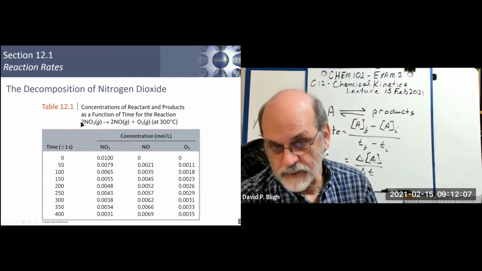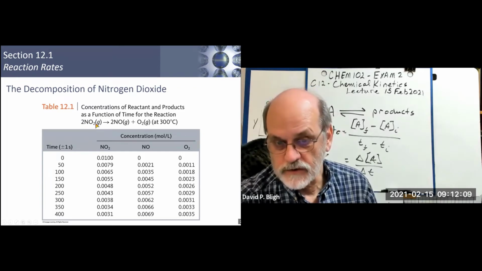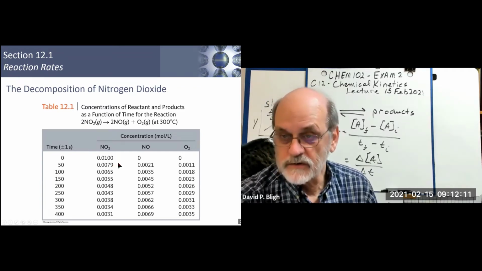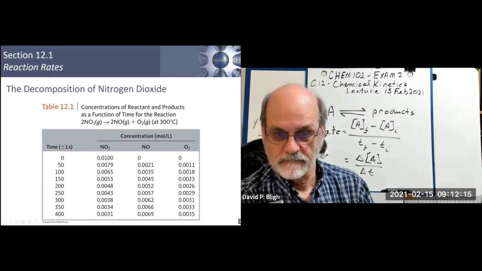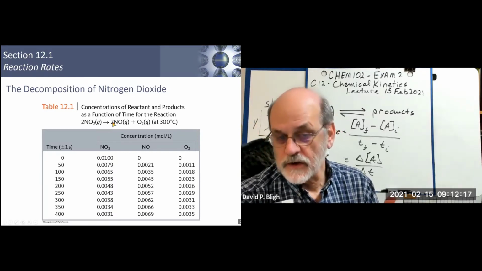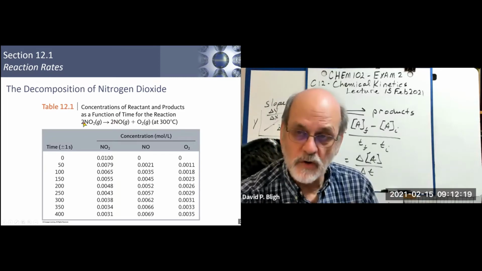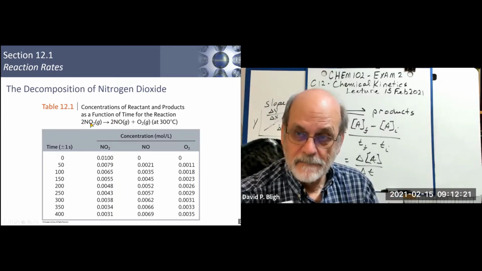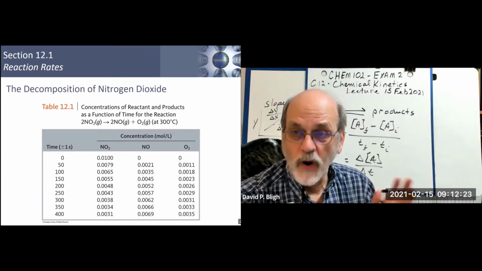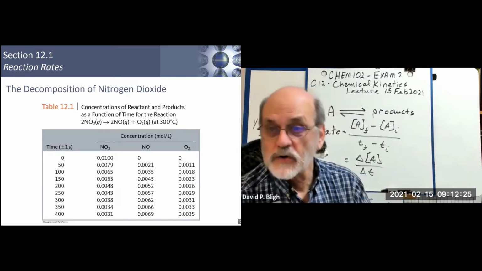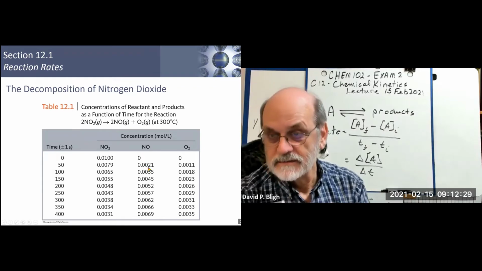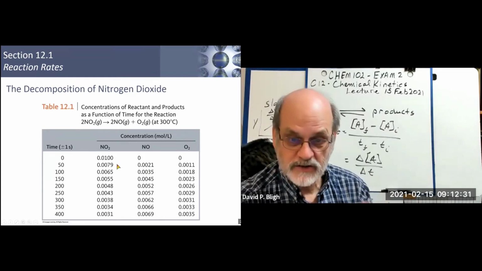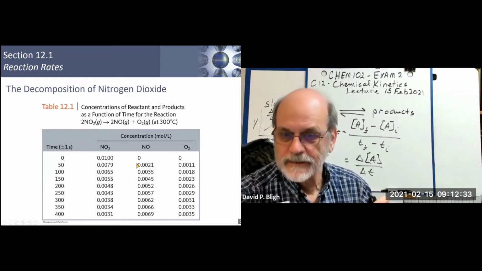So that represents 2 moles of NO2 is 0.0021 in that stoichiometry. So since there are 2 moles of NO for every 2 moles of NO2, that 0.0021 concentration shows up as NO. Okay, it's a 1-to-1 relationship, a 2-to-2 relationship.